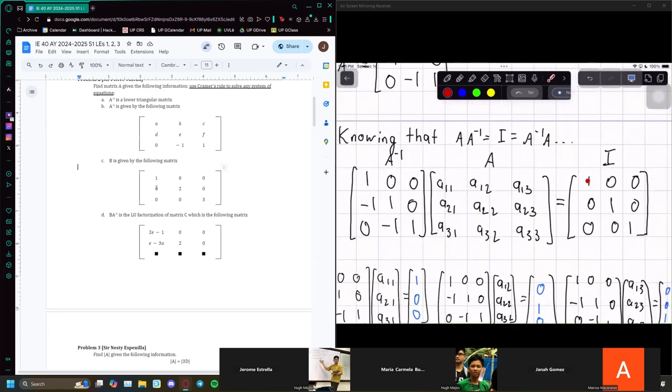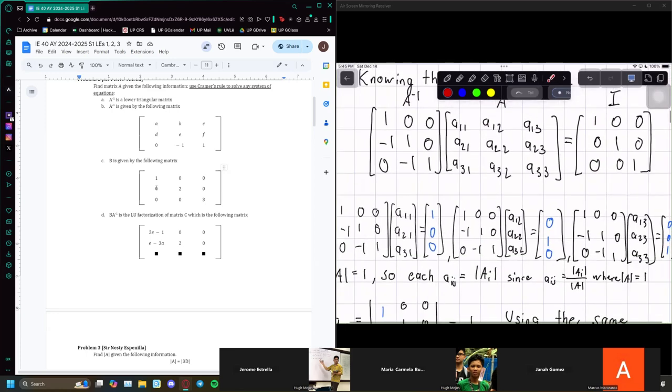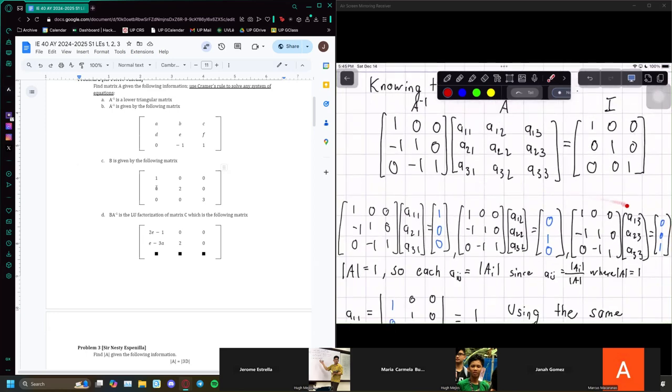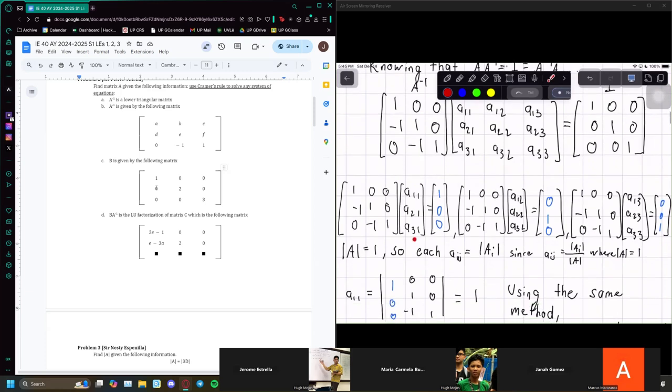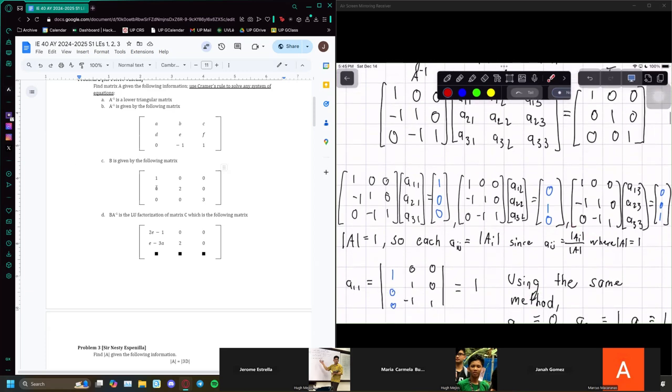for example, this one is the dot product of row one of A inverse and column one of A. And then the next is the dot product of something and column one of A. So notice that all of these are the dot product of something and column one of A. So you can split this operation into three column multiplications, and that's when we're going to use Cramer's rule.